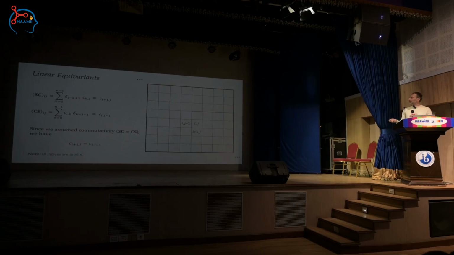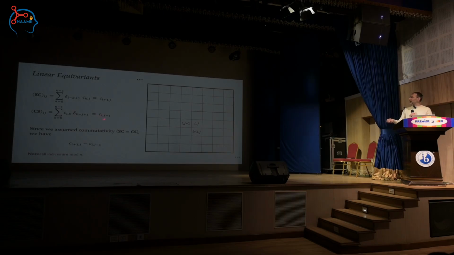So now I remind you I'm interested in the commutativity property, right? So I want SC equals CS. I do the same thing for CS, right? And what appears is that C at position i, j minus 1 must be equal to C at position i plus 1, j, right? So here they are, right? And this must be true for every i and j modulo n, right?